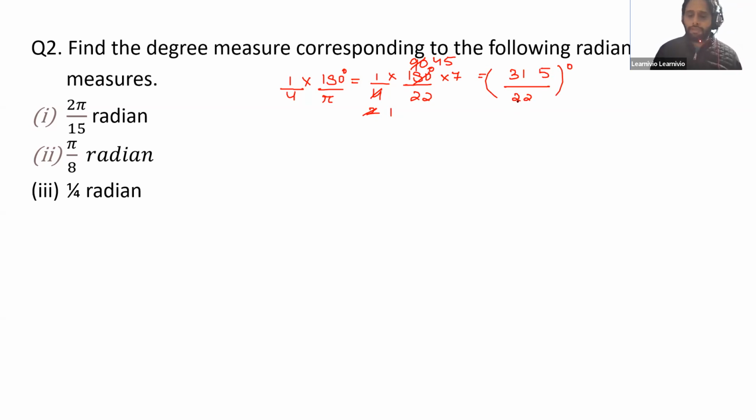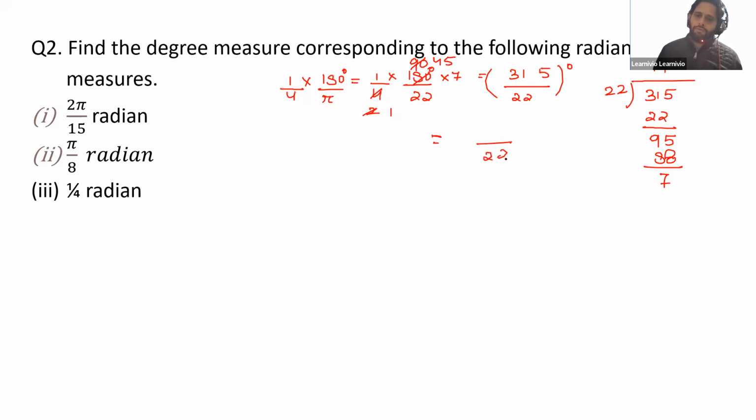Okay, now this is a fraction. So first of all, we will convert this into a mixed fraction. So 315 divided with 22.